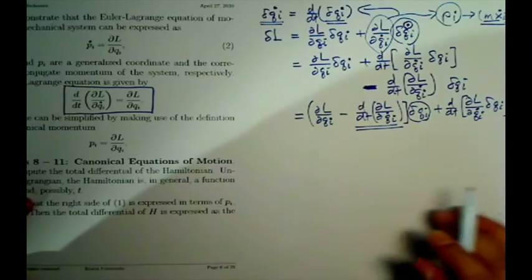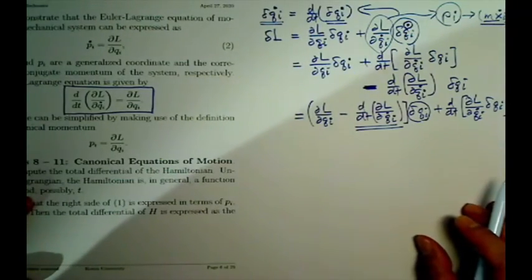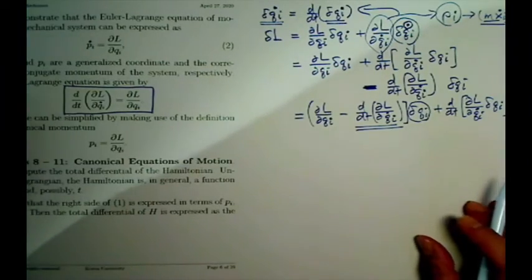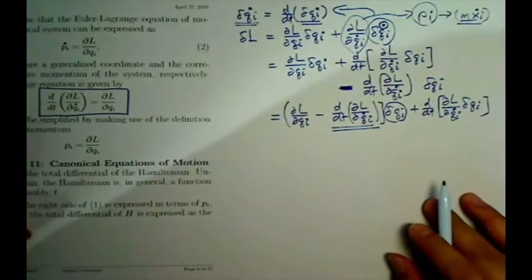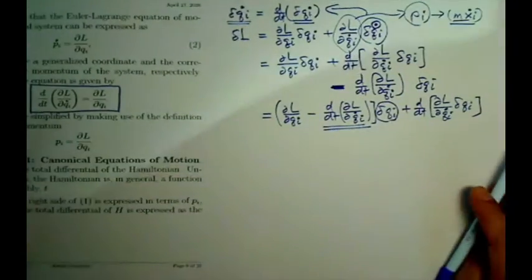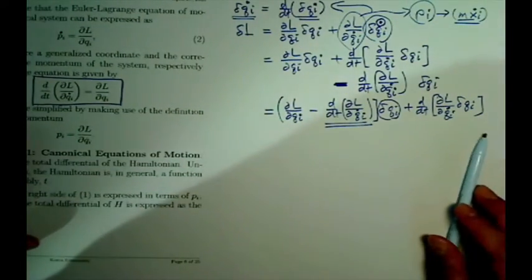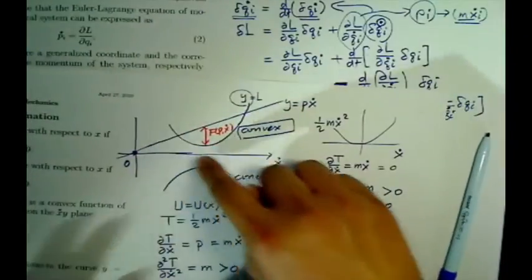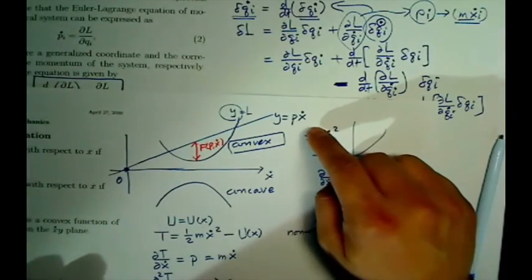However, in the case of Hamiltonian mechanics, the variation of p and variation of q are independent. It is because we have introduced the Legendre transformation. When we introduce the Legendre transformation, we draw a curve. This is the Lagrangian that depends on x and x dot.